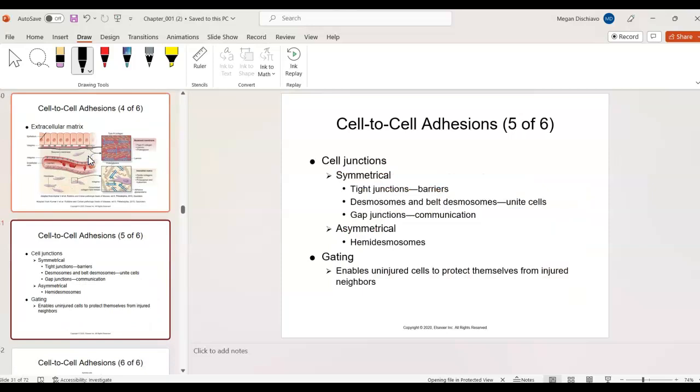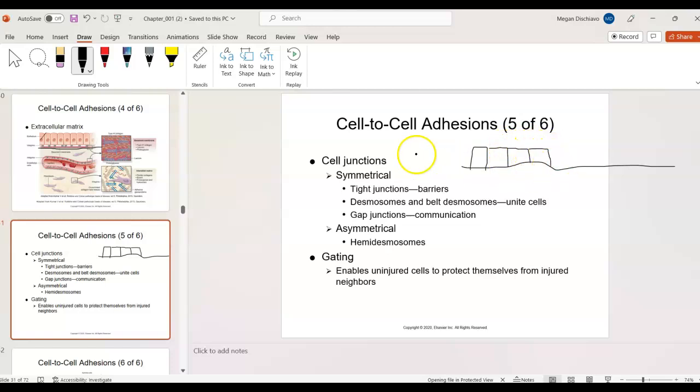Cell junctions. I think these are important to know. If we are talking about the cells that line the GI tract, they are tall and skinny. They have to be fairly tight in the GI tract because think about all the bacteria and stuff that you ingest.